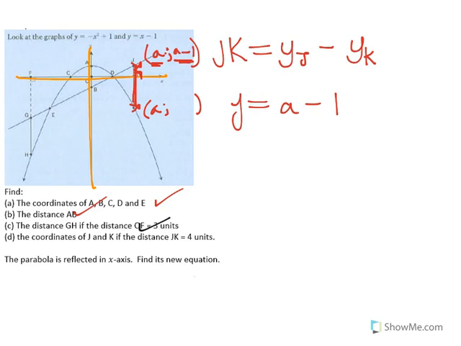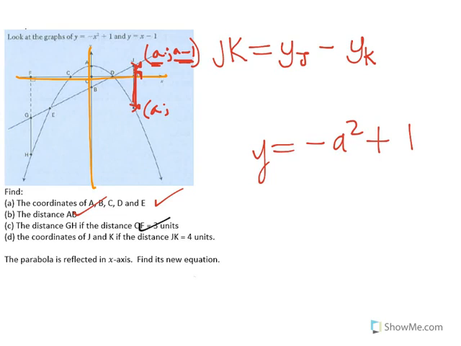Then secondly, to find the y coordinate of K, K lies on the parabola. So I'm going to find the output of the quadratic function when my input is A. So y is equal to minus a squared plus 1. That's what my output is when my input is A. So minus a squared plus 1.